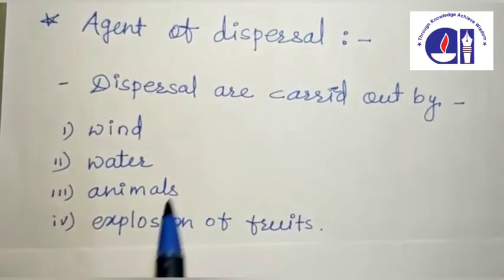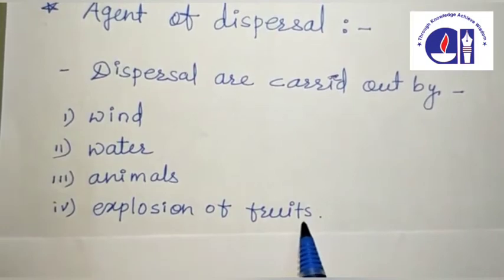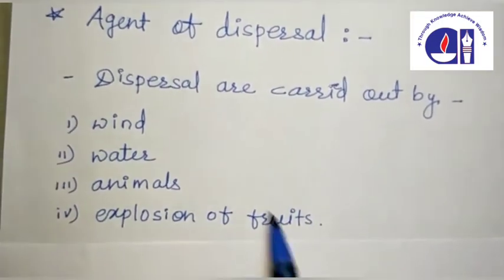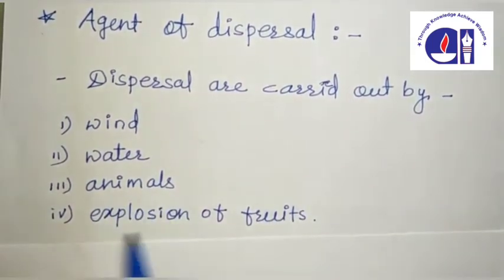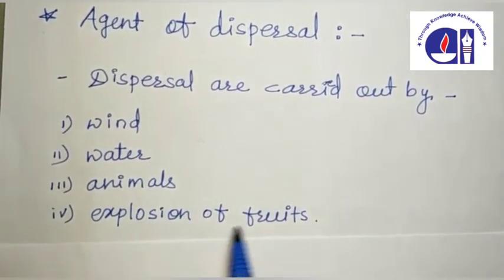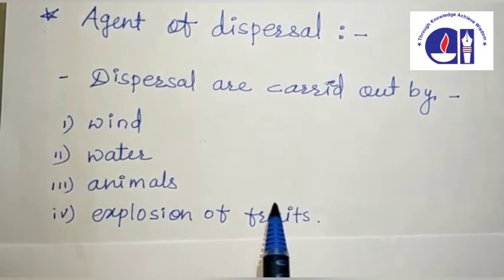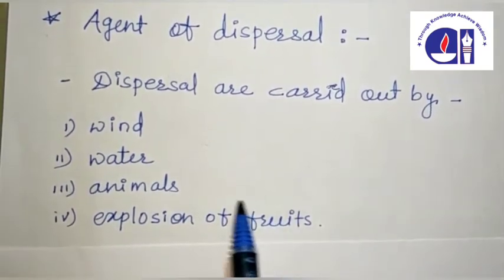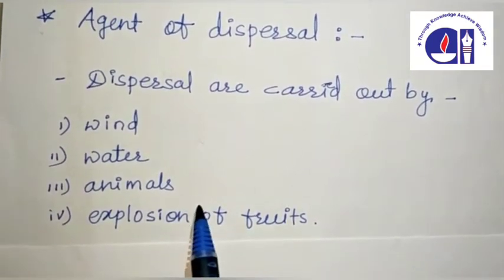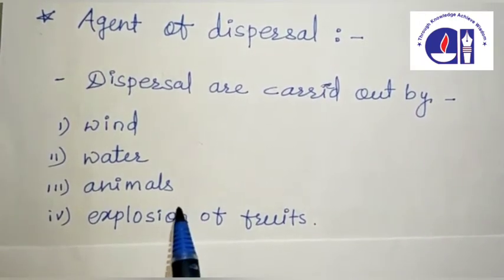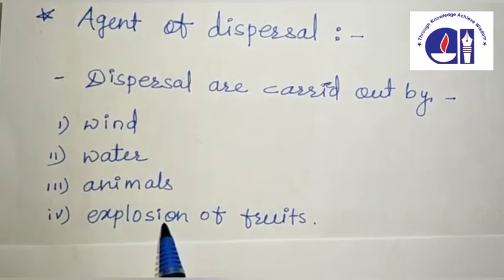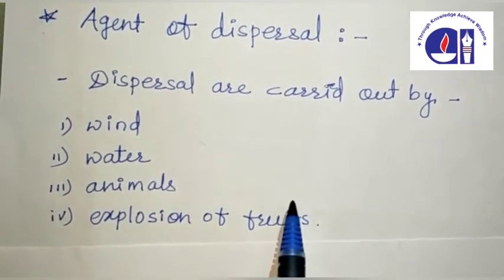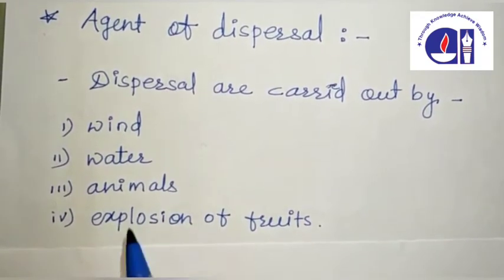Now the next one, explosion of a fruit. This is also another agent of dispersal. Explosion means the opening. Some fruits or seeds have pods, so when they are dry they automatically explode or open, and the seeds come out and get scattered.